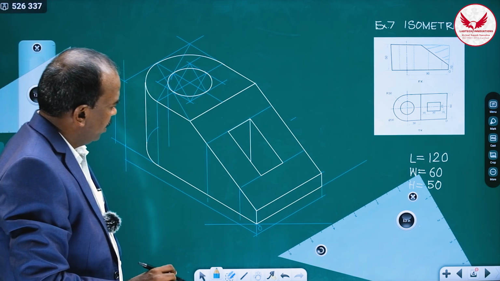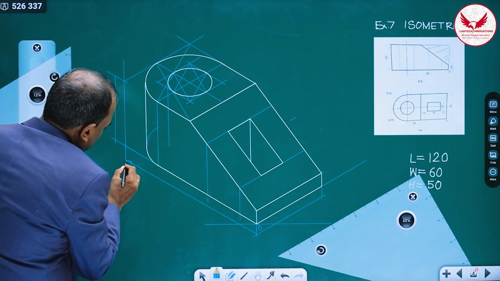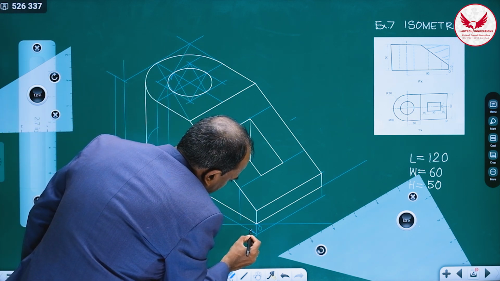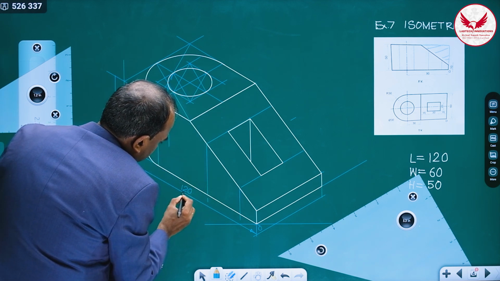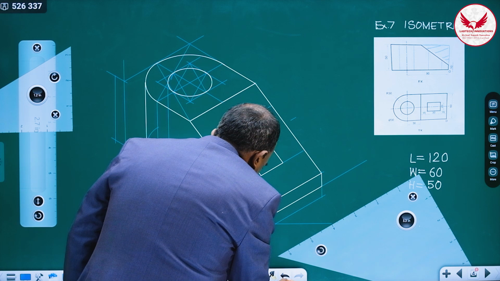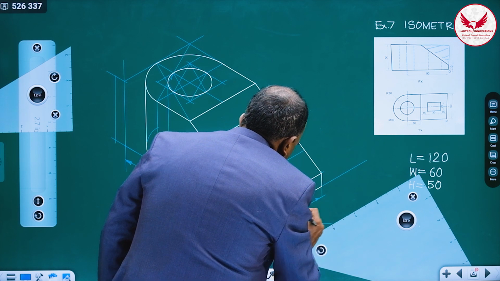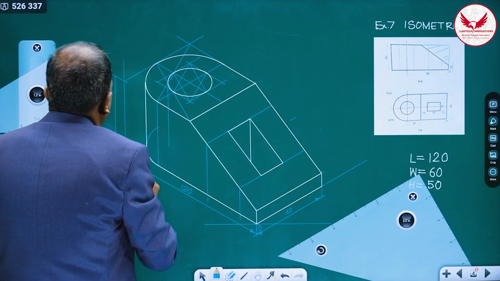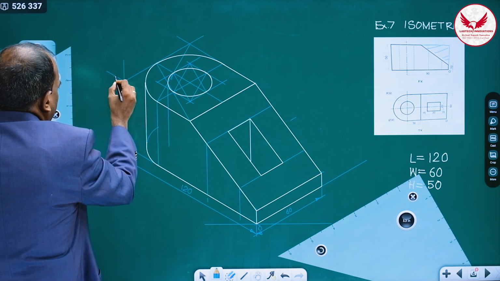Once we complete this isometric view, give the dimensions also. These are a must. So its overall length is 120. Then the overall width is 60, and the overall height is going to be 50.